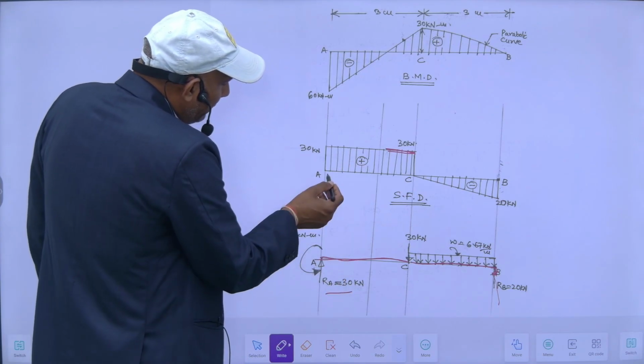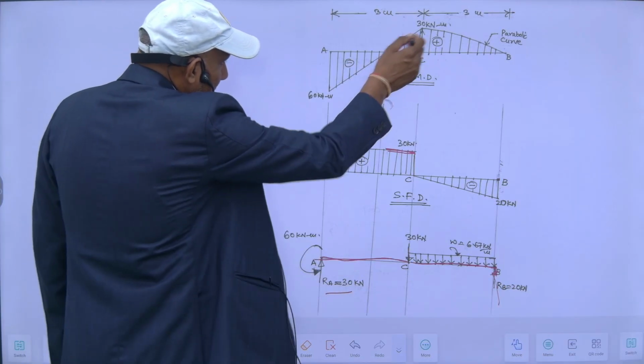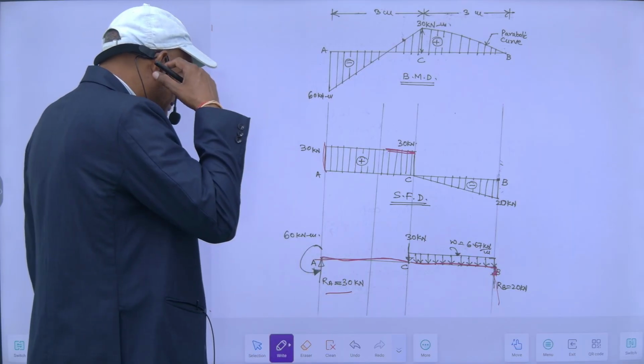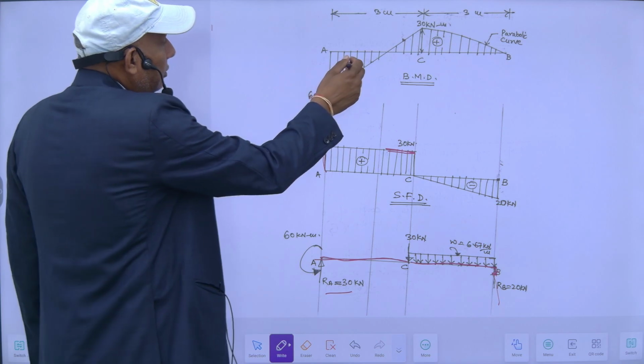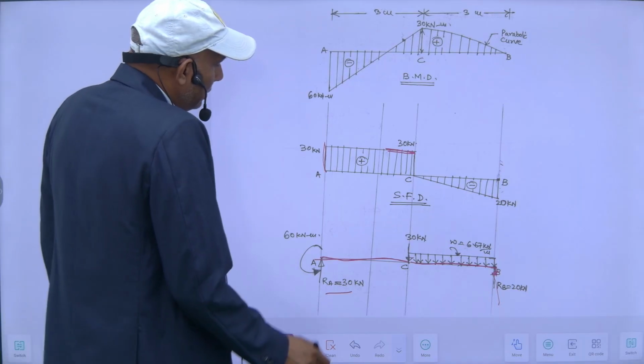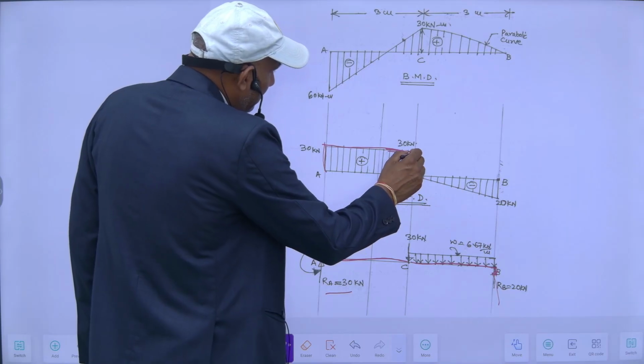It will be Ra, 30 kilonewton, and there is no load. Since the slope of the bending moment is constant, the shear force is constant, meaning no vertical load. So this shear force will be constant from here, so it will be 30 here also.